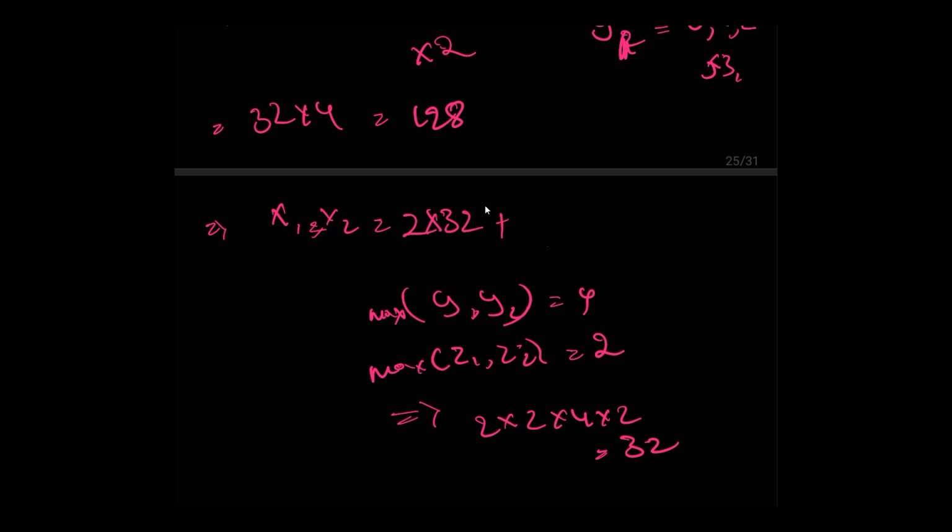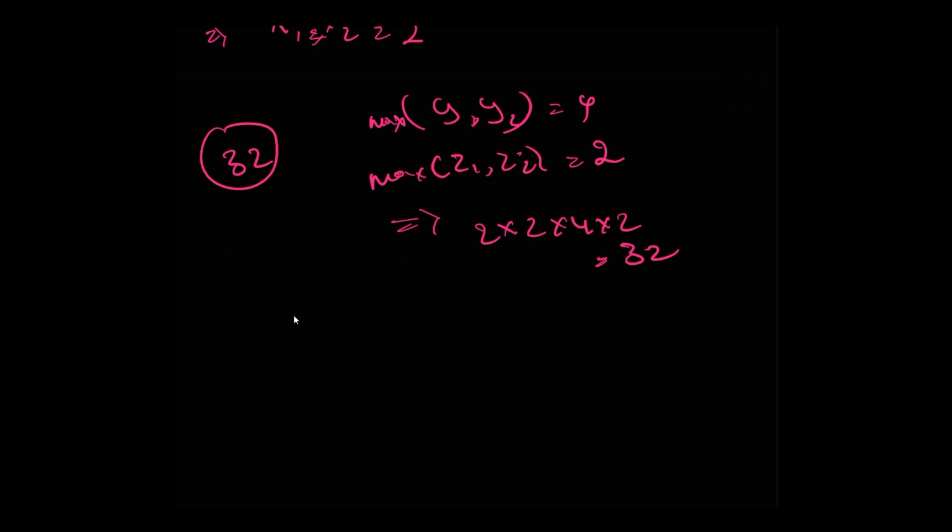For only x1 equals x2 equals 2, there will be 32 ways. For y1 equals y2 equals 4, there will be 2 into 2 into 2 into 2.